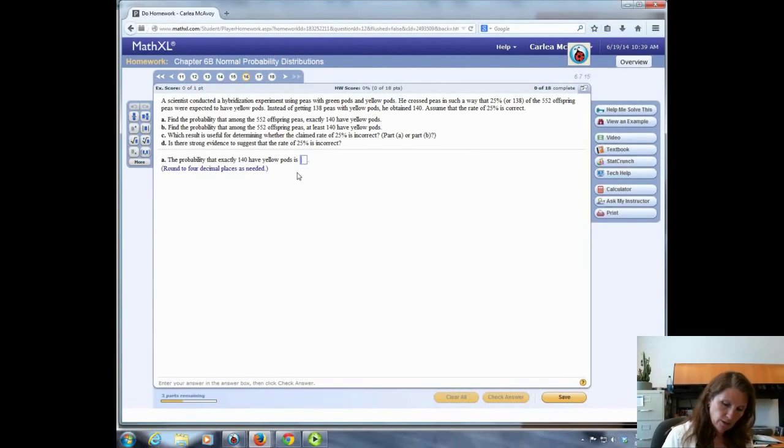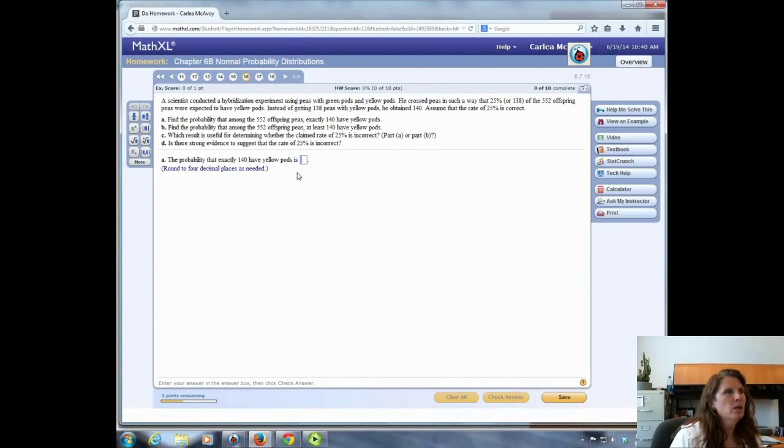The standard deviation is going to be the square root of 552 times 0.25 times 0.75. And you can do that off the screen as well. It is 10.17. Maybe I'll go out 3 or 4 places and see if that helps. So I'll go out to 10.1734.